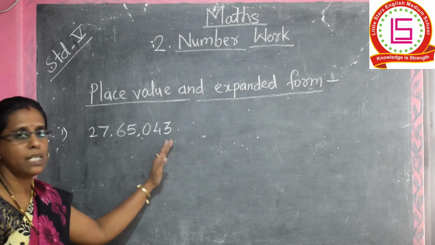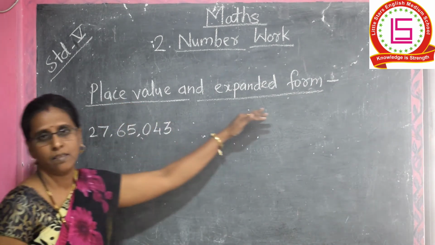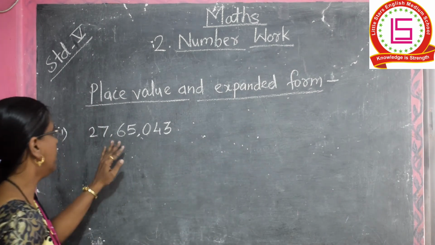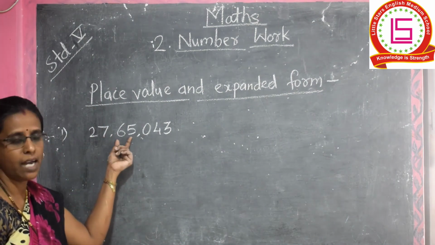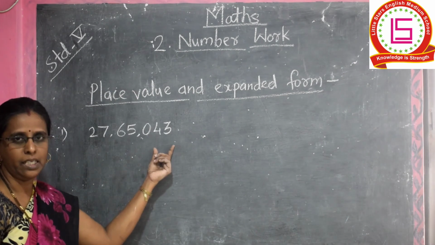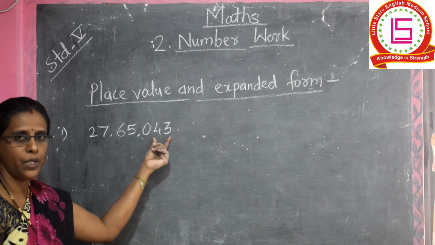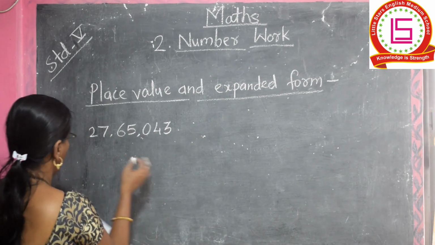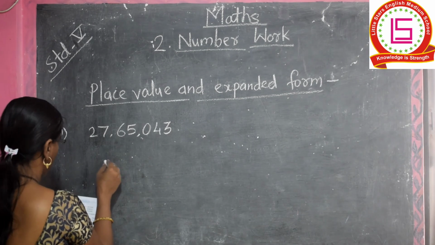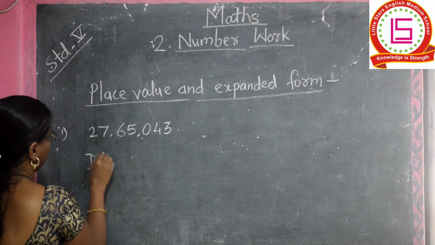I taken one example, and with the help of this example we explain these two terms. See here, read this number first: 27,65,043. Then see here how to write the place value and the expanded form. First you write here digits.